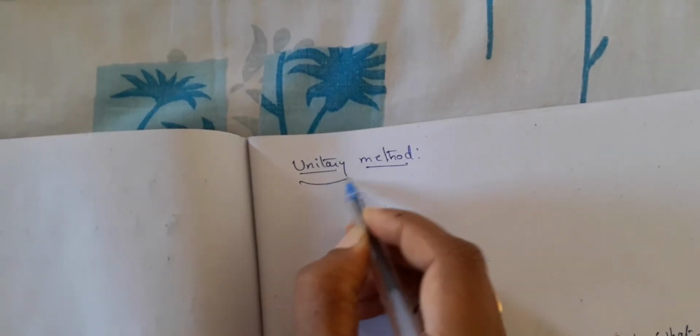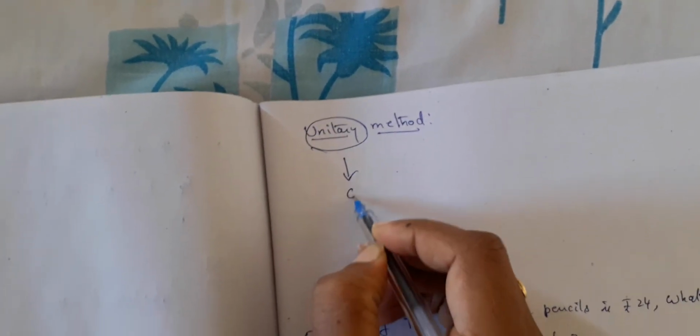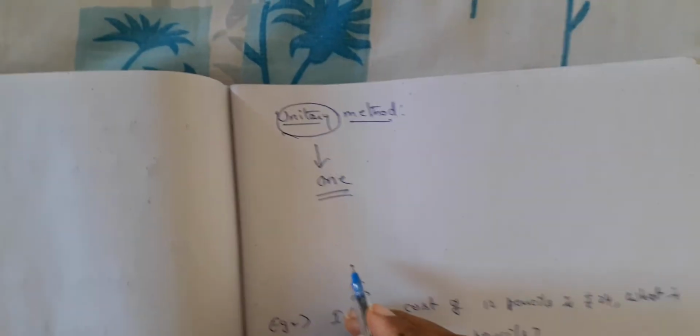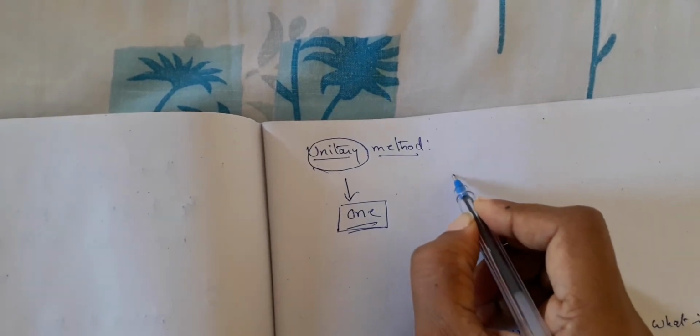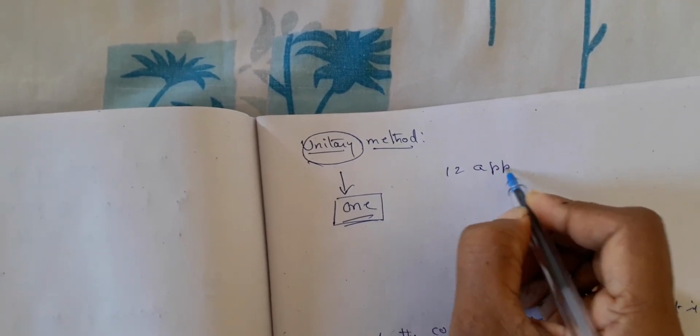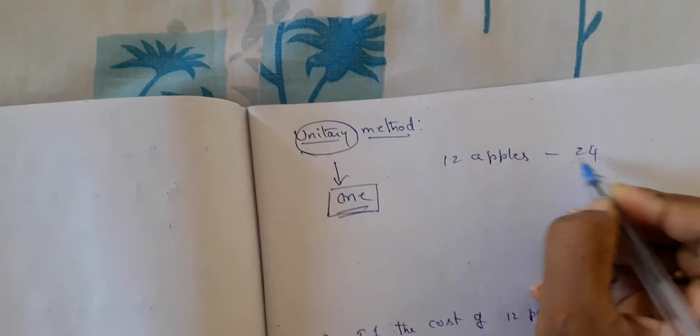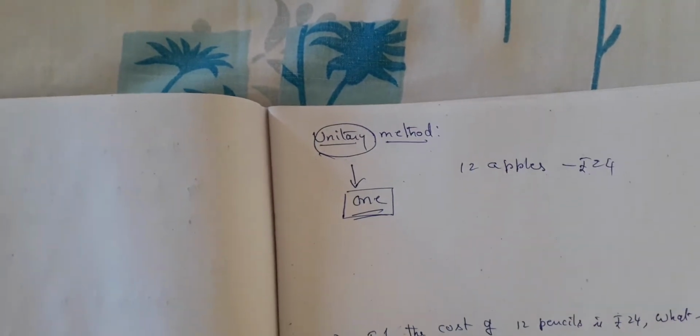Unitary, unit means it is always one. Unitary means you are going to determine everything for one. So for one quantity, what is the rate. Suppose I said that a dozen apples, that means 12 apples, cost 24 rupees. So now 3 apples cost how much?